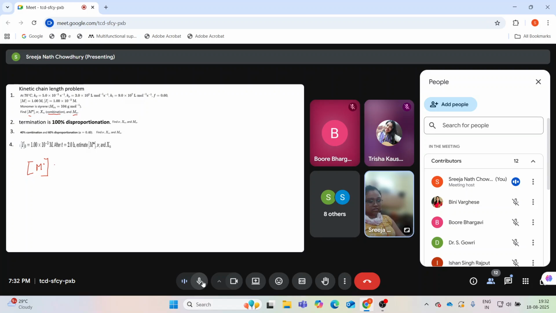Now nu is equal to Kp M, that is kp is 3 into 10 square into 1, divided by 2 into 9 into 10 to the power 7 into 1.53 into 10 to the power minus 8.